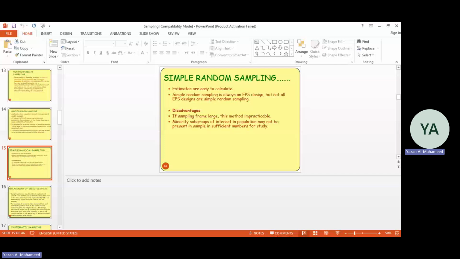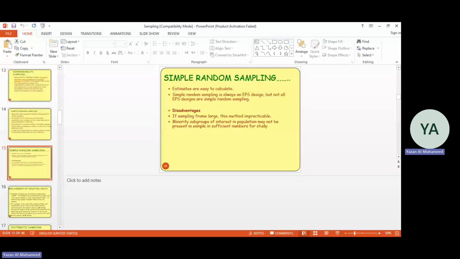The third type is cluster random sampling. It is very similar to stratified sampling, but the only difference is that it is mainly based on naturally occurring entities, meaning that the members we select do not have something in common, right? But actually they belong to some institutions.